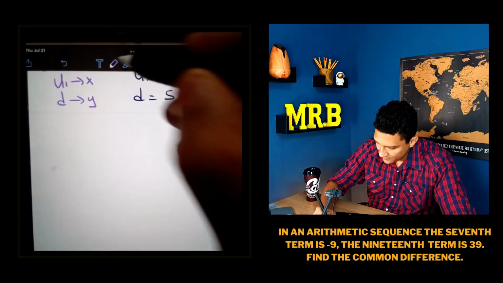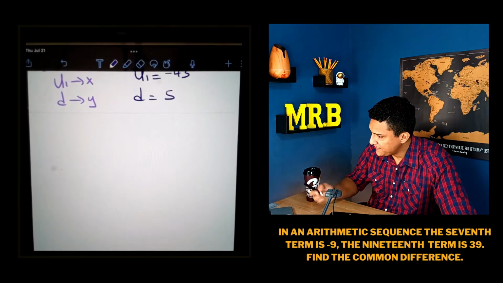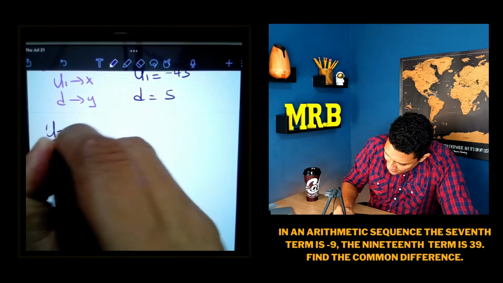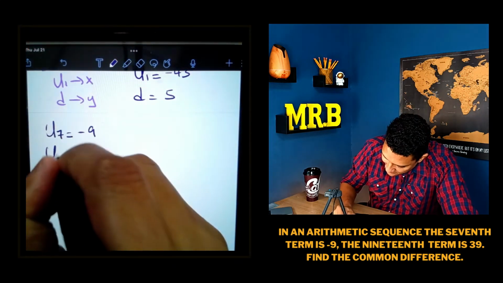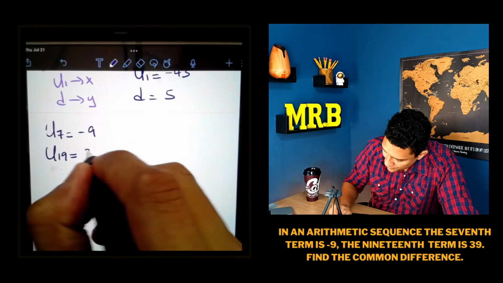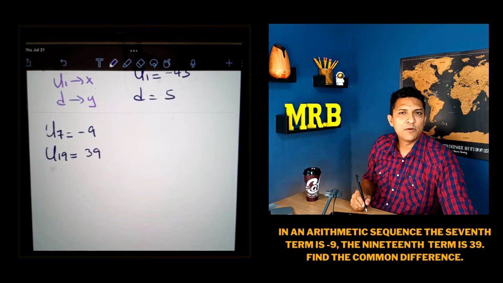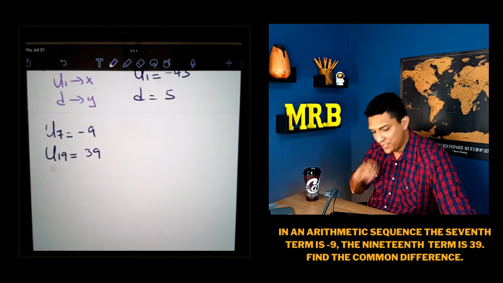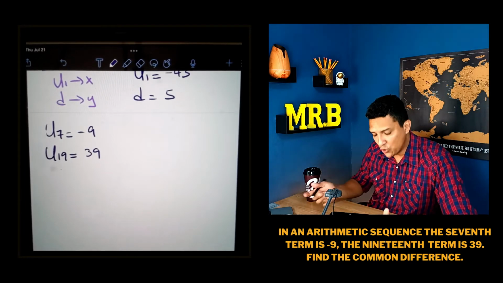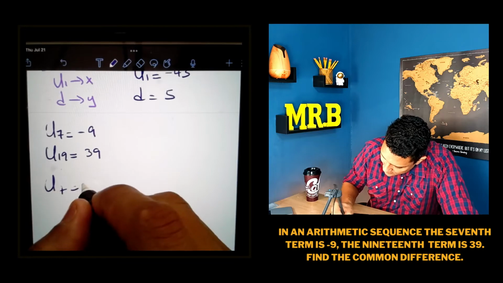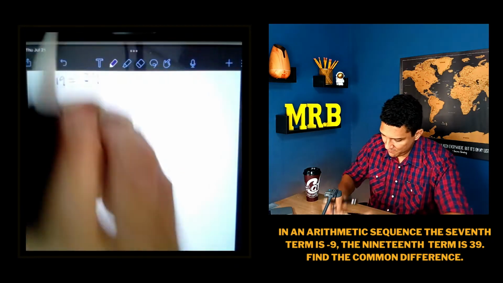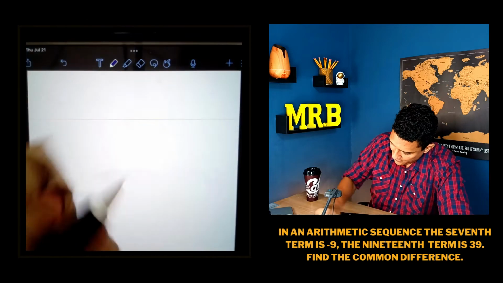I imagine that you already did it, so I'm going to do it the fastest I can, so you can just check. It says 7th term is negative 9, 19th term is 39. So what I'm going to do, again, I'm going to use the main formula and replace those values here. Let me clean the screen.